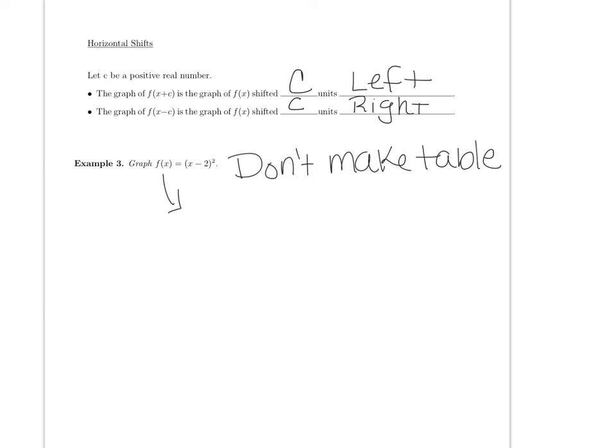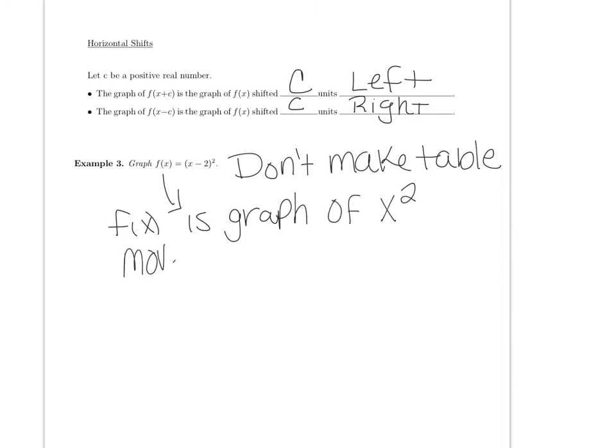So it might be helpful to make a note that f of x is the graph of x squared moved right 2 units. So pause the video and see if you can use the method from the last example to get a good graph here.